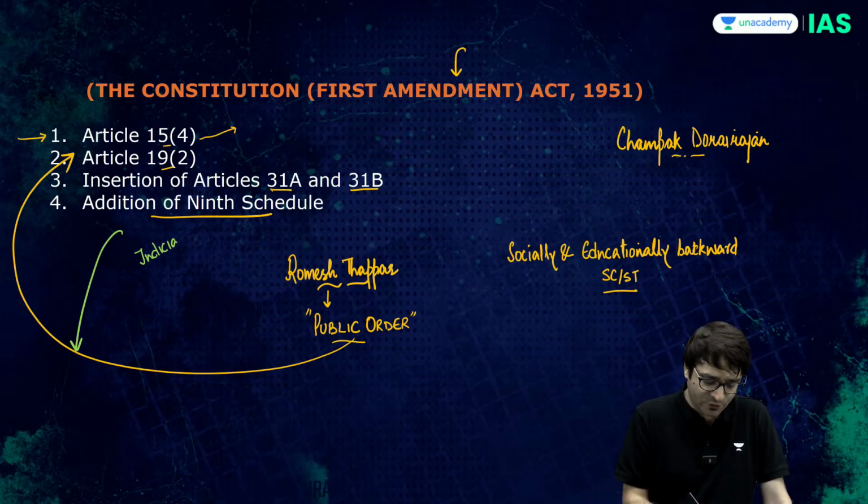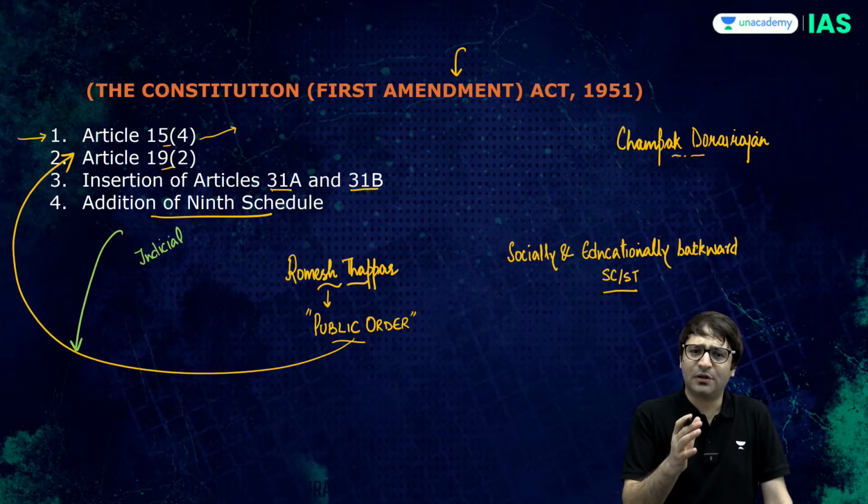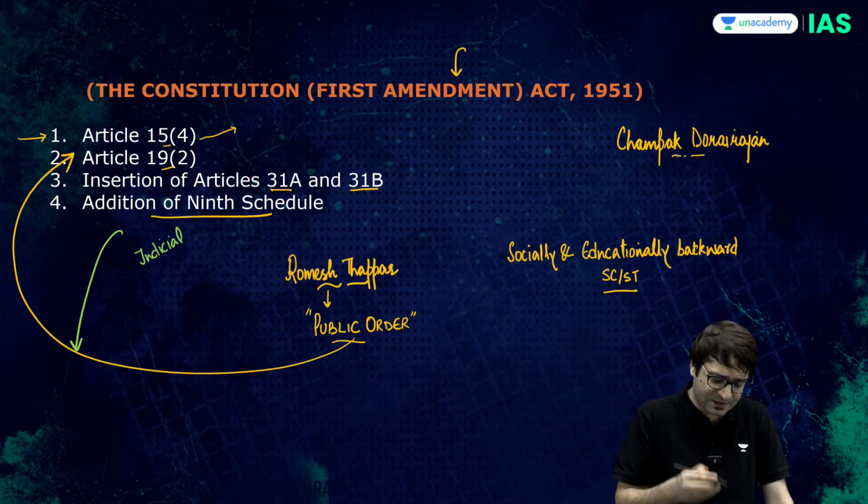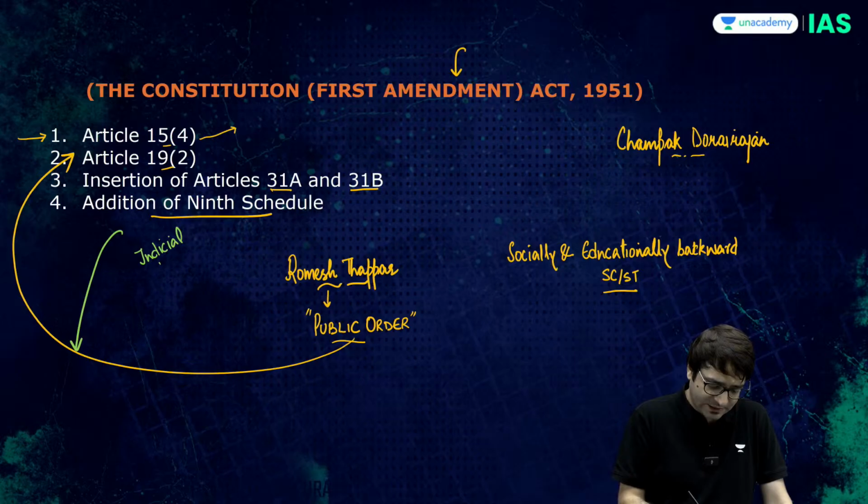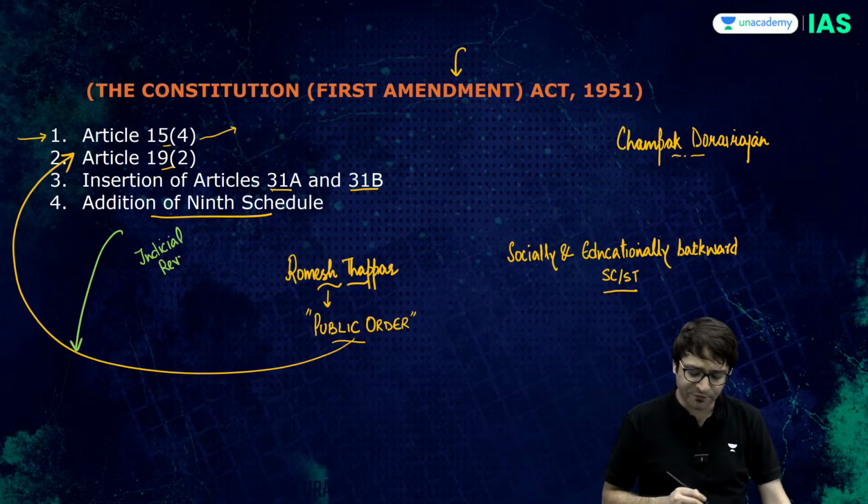There won't be a judicial review. That's how agricultural laws related to land were placed in the ninth schedule so that they are safe from judicial review.